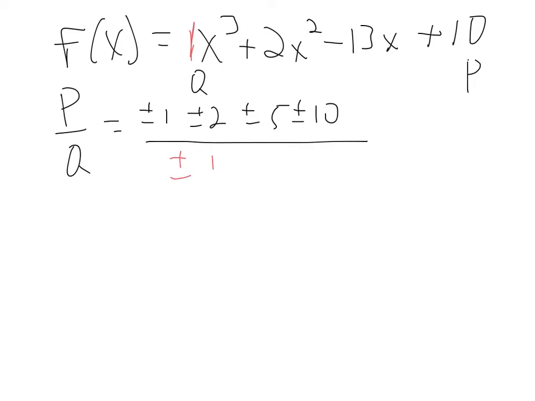So Descartes' rule of signs tells me, if I'm looking for the positive rational roots, I'm counting no sign change, there's a sign change, and there's another sign change.